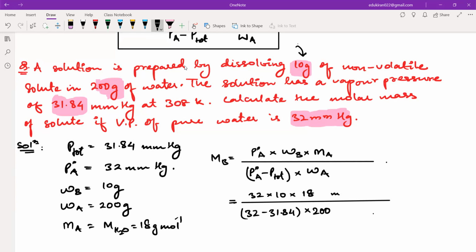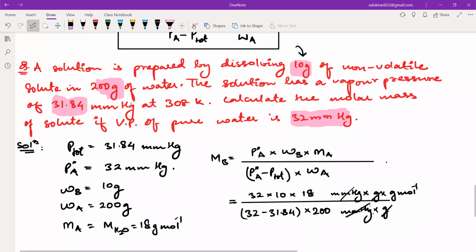Okay, so this is mmHg into 10 grams into grams per mole, divided by this is also mmHg into 200 is grams, right? So mmHg will get cancelled, grams and grams will get cancelled. You will get the answer in grams per mole.